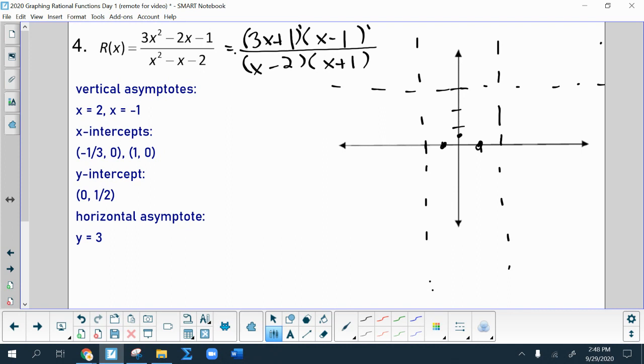The powers on the x-intercepts that are in the numerator are odd. When you have an odd power on a zero, on your x-intercept, so the factor in the numerator, this is going to be a cross-through point, just like you had before.